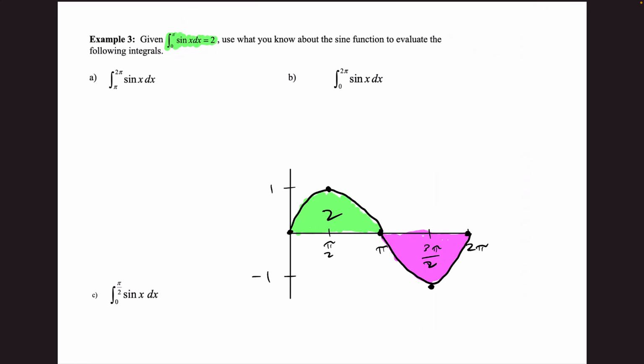Take a wild guess. What do you think the area of the pink's going to be? Negative 2, because those areas are symmetrical. So the area from pi to 2 pi is going to be negative 2.